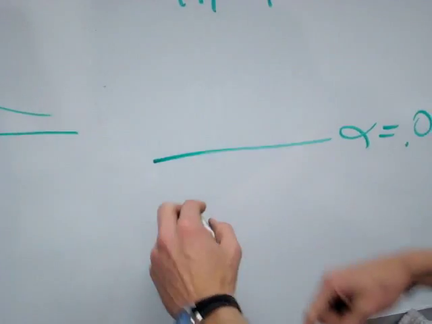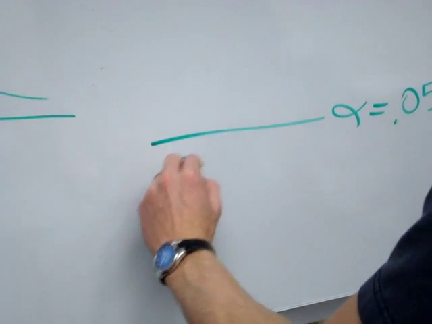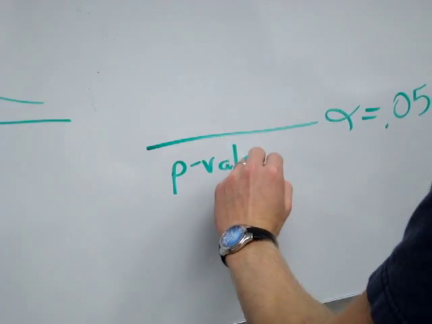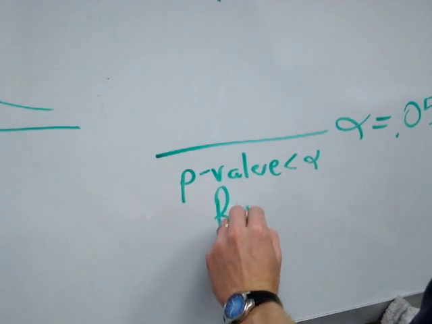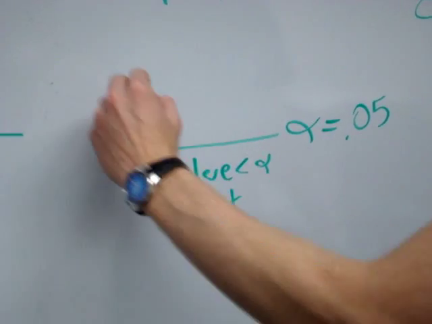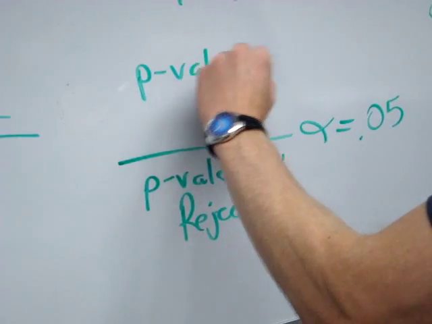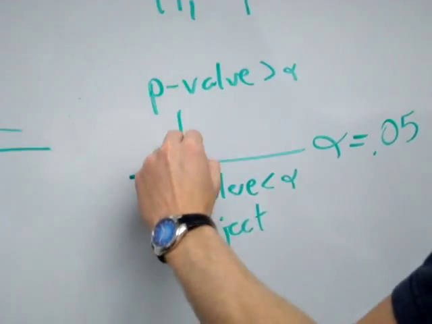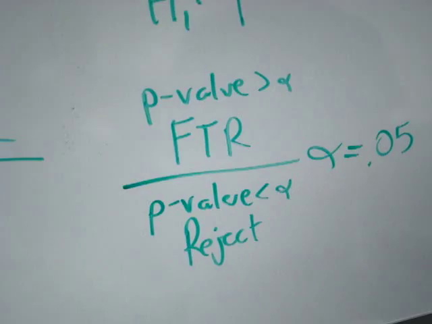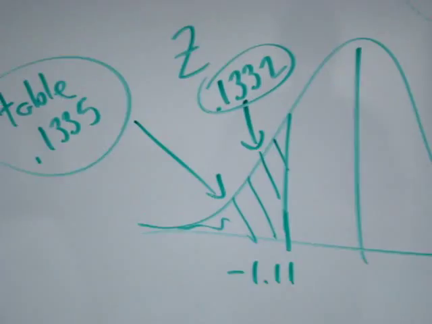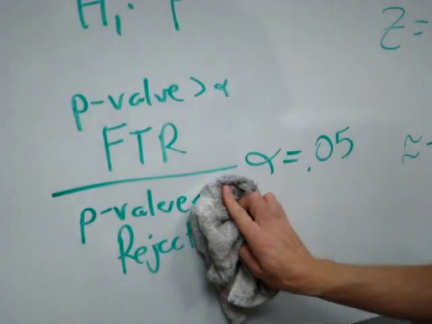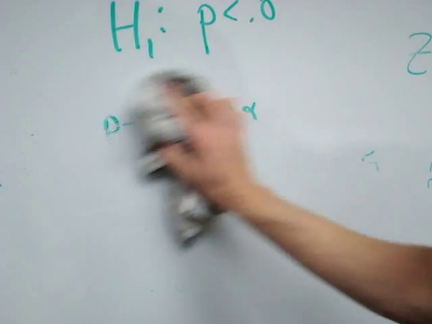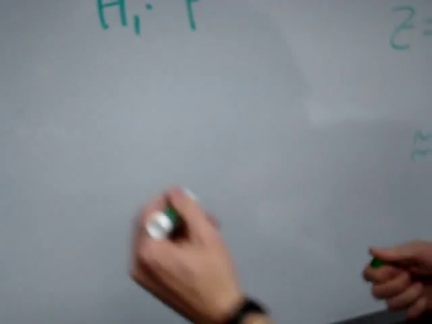So if your p-value is less than alpha, your decision is reject. If your p-value is greater than alpha, you fail to reject. Okay? And so if we take a look at our p-value, either one you use, 0.1335 or 0.1332, those are obviously bigger than 0.05. So our decision would be fail to reject.